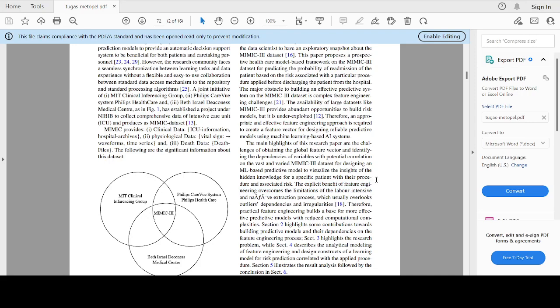For example, in the pandemic time, there was a huge wave of patients into the ER.